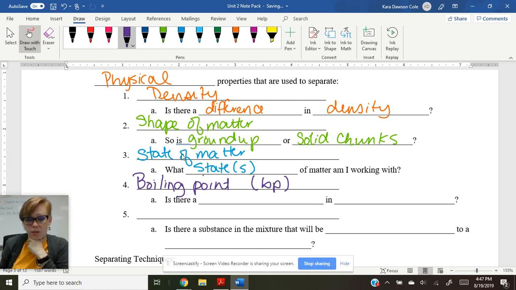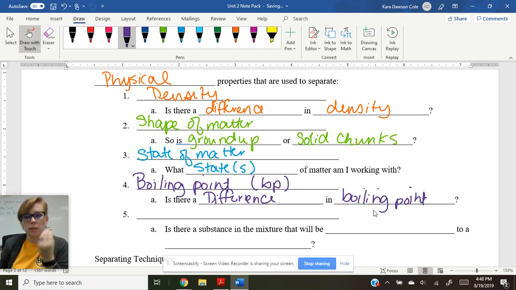Is there a difference in the boiling point? We talked about distillation in class today. When we distill something, there's a difference in those boiling points.